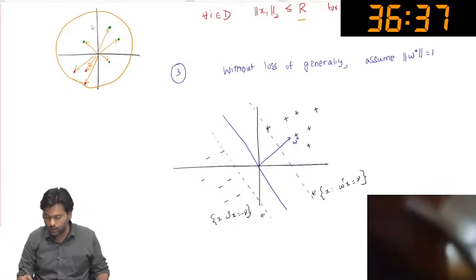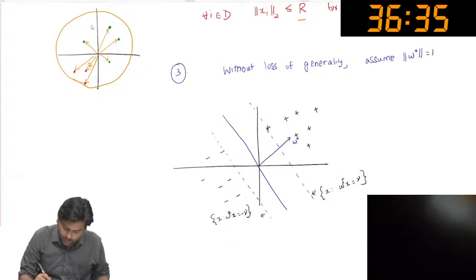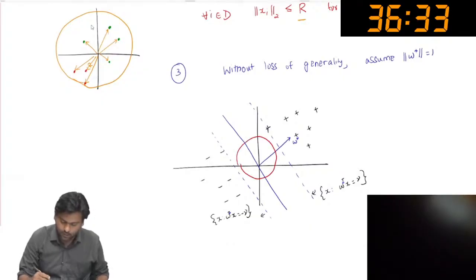This w star's length is not 1, because the set of all w's whose length is 1 is, let's say, somewhere here. So maybe this is the set of all w's with length 1.